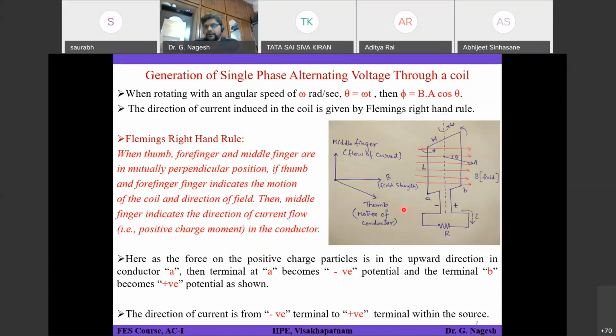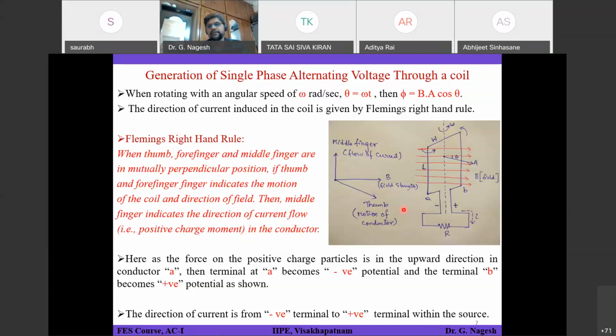Okay, if you have doubt, please check that. Because your conductor A is coming out of the plane, your thumb should be positioned such that it is coming out of the plane, and your forefinger should point along the red color lines, which is flux density B here, and your middle finger indicates the direction of the current flowing in conductor A. So it will be upwards.